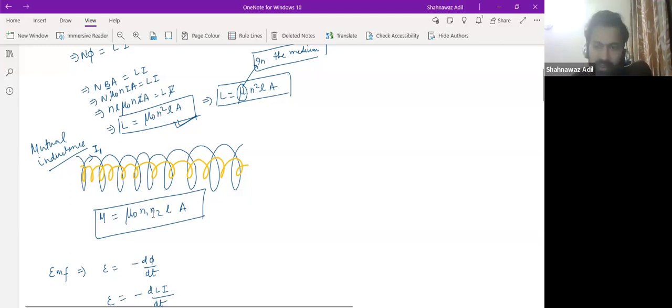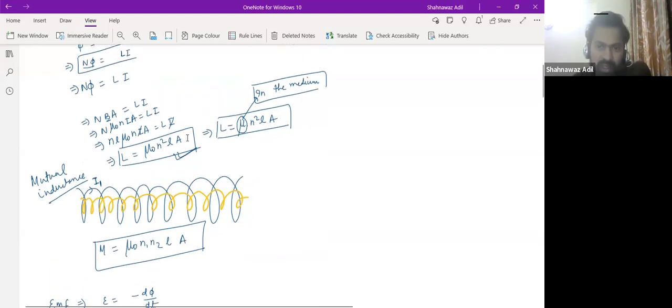This is this, where n is the number of turns per unit length, so that is capital N divided by L. This is N by L. Only note down these two. Noted, guys.